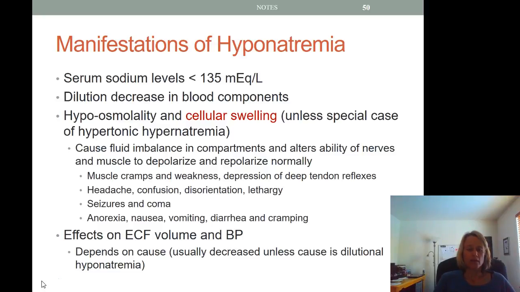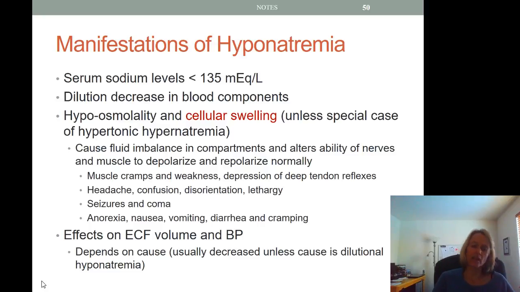This causes a fluid imbalance in compartments and alters the ability of nerves and muscle to depolarize and repolarize normally. Some of the manifestations we see with that are muscle cramps and weakness, decreased deep tendon reflexes, headache, confusion, disorientation, lethargy, seizures and coma, anorexia, nausea, vomiting, diarrhea, and abdominal cramping.